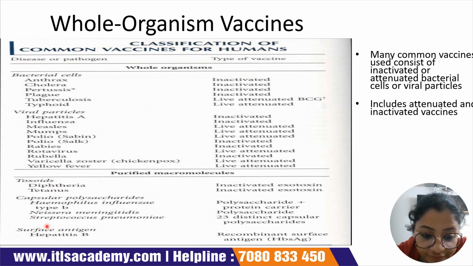Then we have Neisseria meningitidis, which contains the polysaccharide. Then we have Streptococcus pneumoniae, which has 2 to 3 distinct capsular polysaccharides. And then we have surface antigen, under which we have the hepatitis B virus vaccine, which has a recombinant surface antigen, abbreviated as HBs antigen.